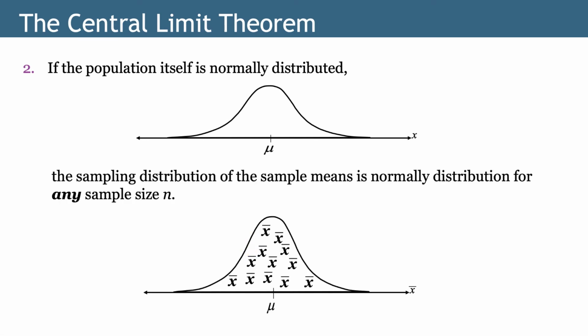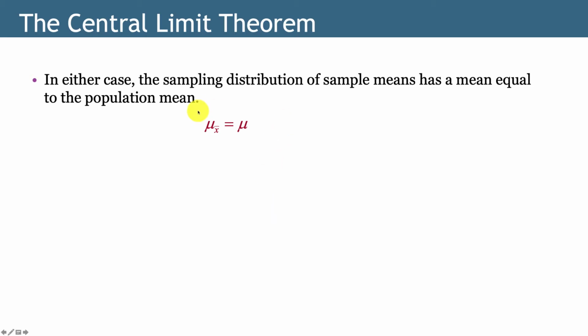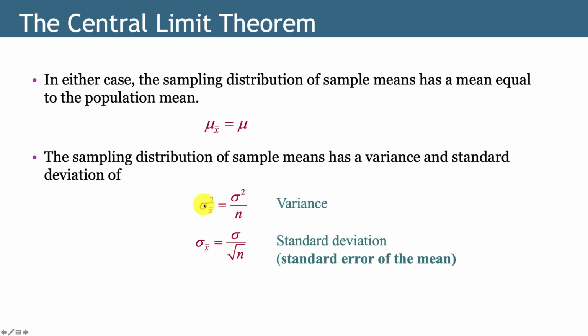So specifically, the mean of all the sample means should be the same as the original population mean, all right? And the variance is smaller. Well, how much smaller? Well, it's directly related to the size of your sample. So if your sample is larger, you're dividing by a larger number, which makes that variance smaller.